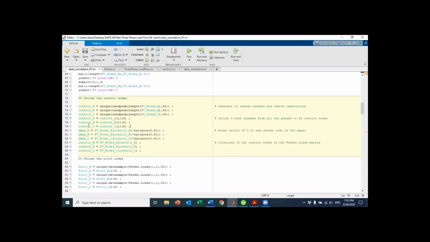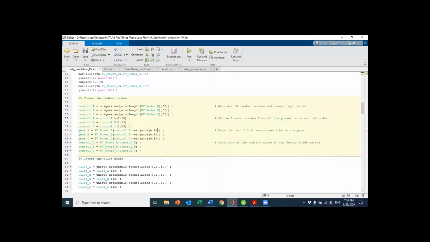So the maximum reactive power of the PVs is given by the maximum active power of the PV times the sine of the angle whose cosine is 0.91. So 0.91 is given as the threshold power factor in the paper.